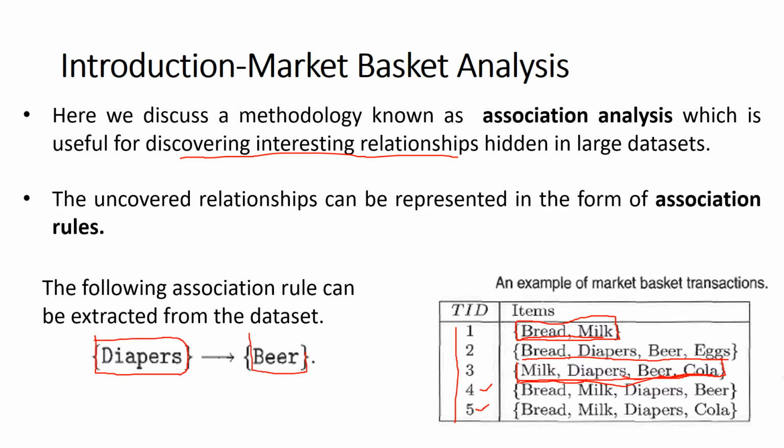Or we can say that in a transaction, if a person buys diapers, we are going to understand whether the person is going to buy beer also or not. So this is the analysis that we are going to do in association rule mining.